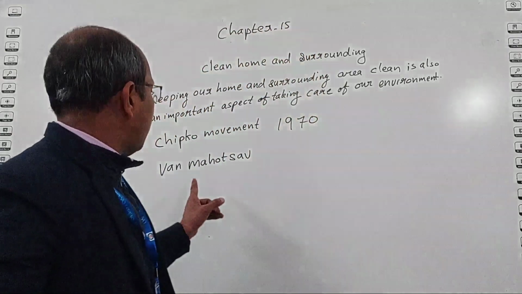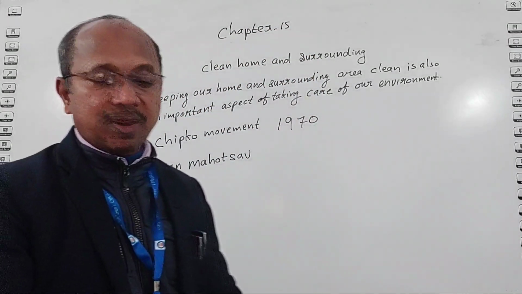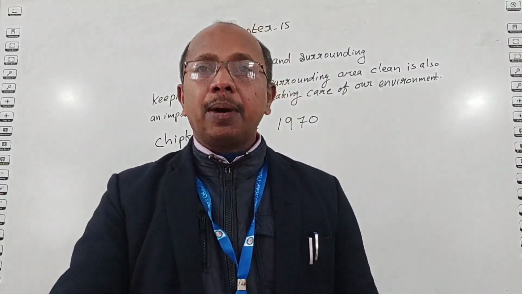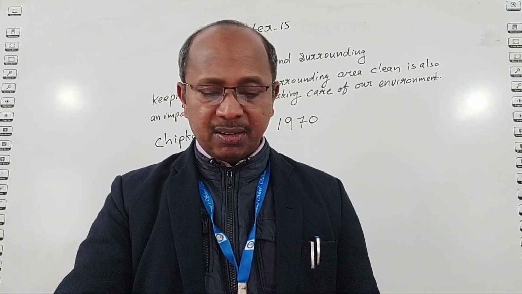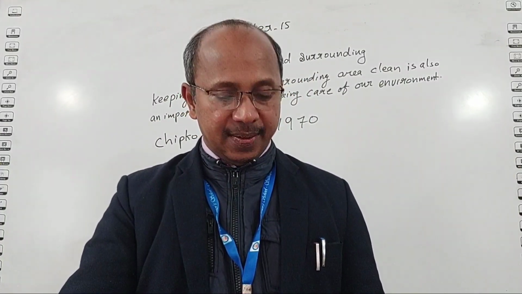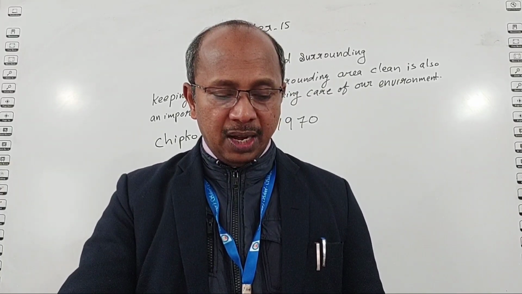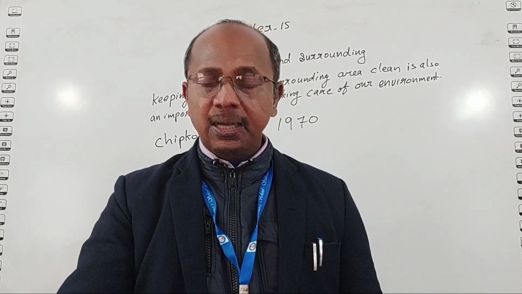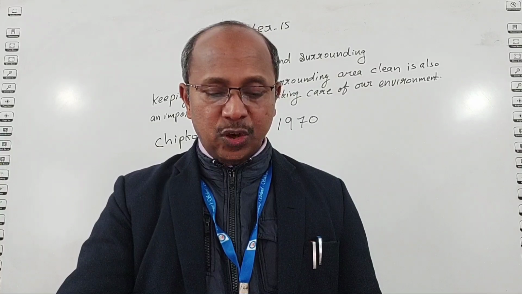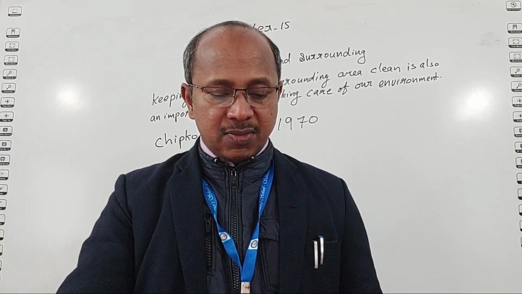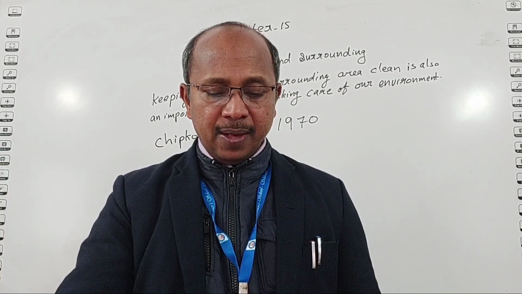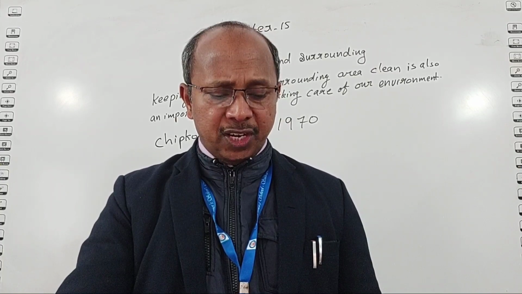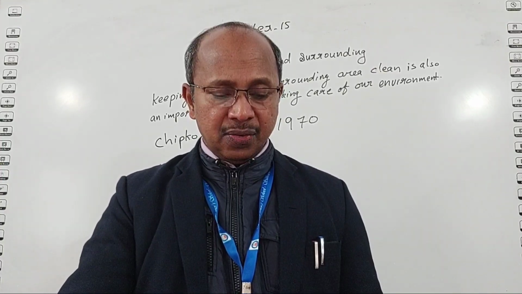Then another topic we want to study is Vana Mahotsava. Vana Mahotsava is a festival of tree plantation in India. It is usually held between 1 and 7 July. This festival was started by K.M. Munshi in 1950.